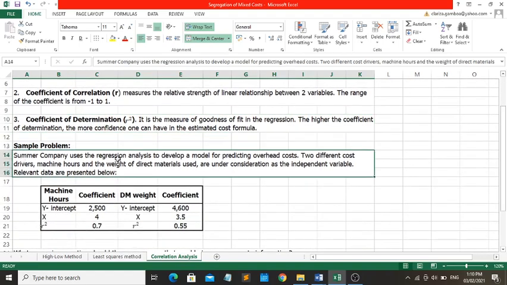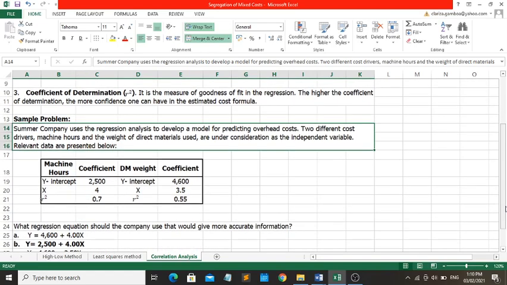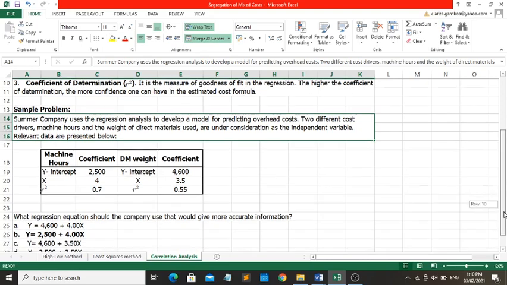Summer Company uses the regression analysis to develop a model for predicting overhead cost. Two different cost drivers, machine hours, and the weight of direct materials used are under consideration as the independent variable. Relevant data are presented below. Okay. So, ito yung two different cost drivers, machine hours at saka weight of direct materials. So, ang tanong, what regression equation should the company use that would give more accurate information?